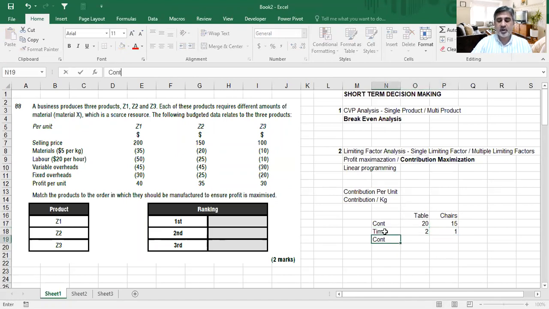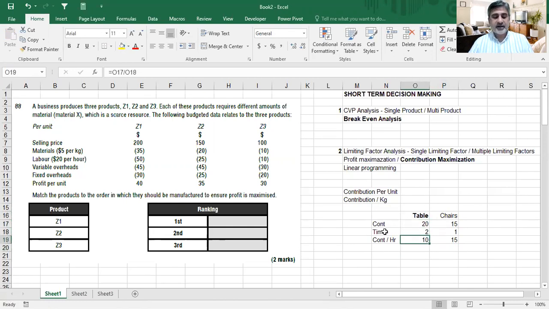So contribution per hour, because my limiting resource is hours, I work 8 hours per day. If I make tables, every 1 hour I earn $10, because I earn $20 but that requires 2 hours of effort.